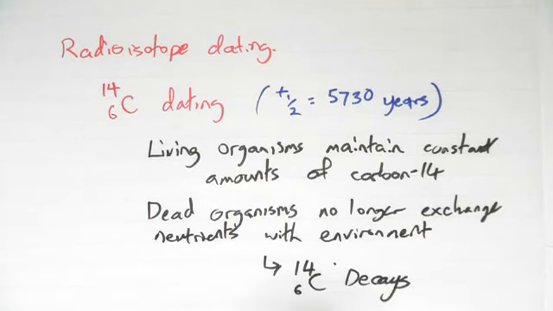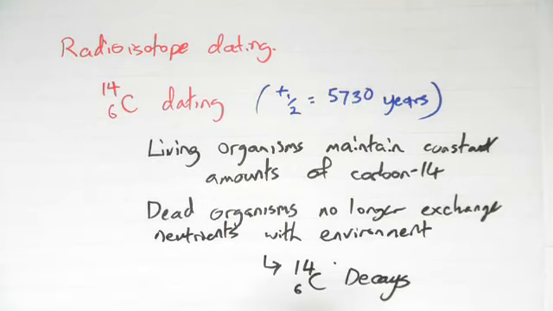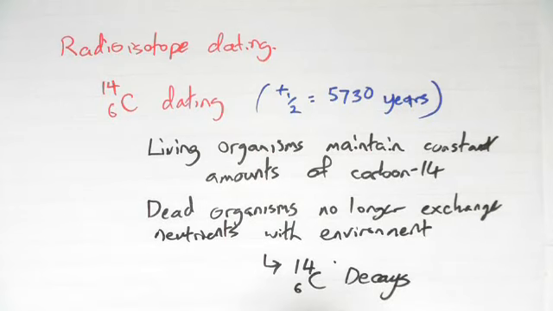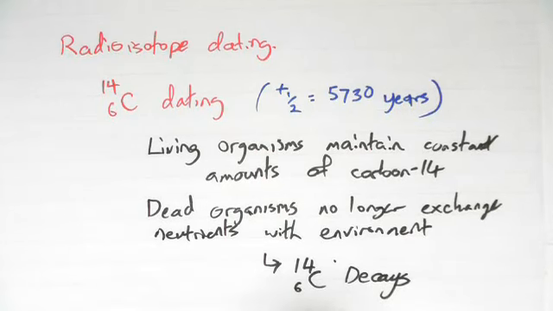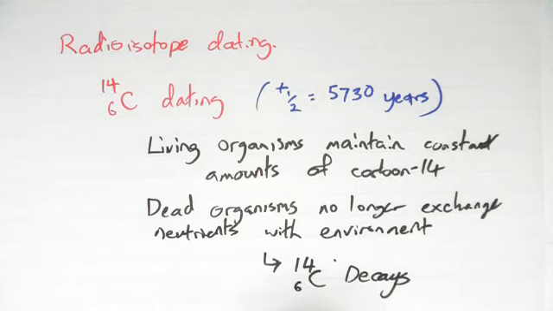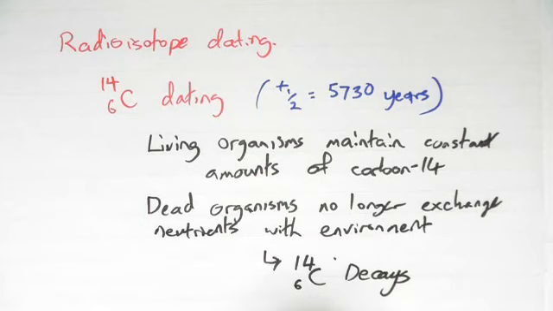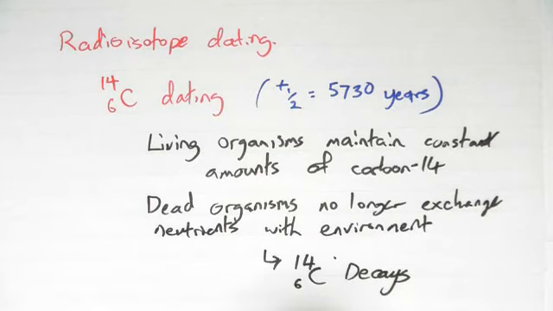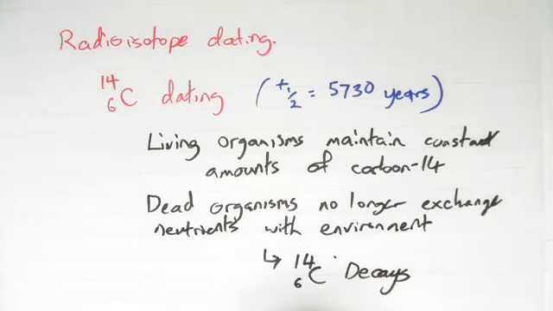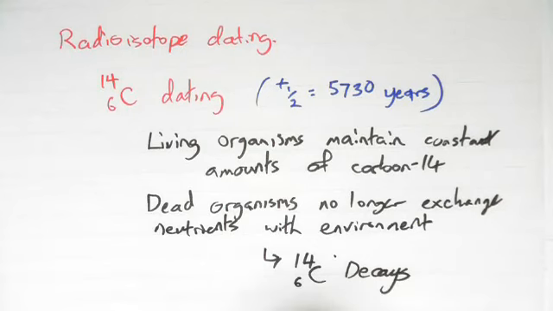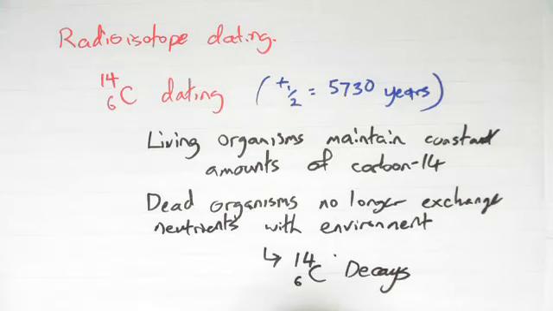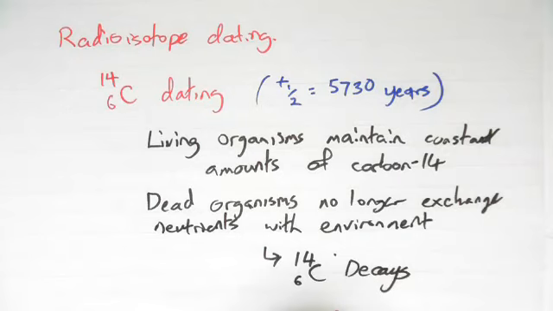And living organisms maintain constant amounts of carbon-14 in their body when they're taking up nutrients and eliminating the waste. Dead organisms can no longer exchange nutrients with the environment, so for things that were alive, it's very good for dating remains of animals, anything made of plant material, and cultural things like linen and stuff made of plant material.